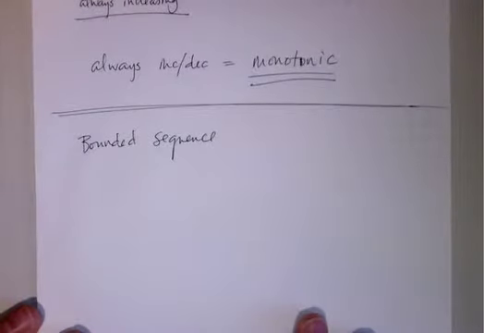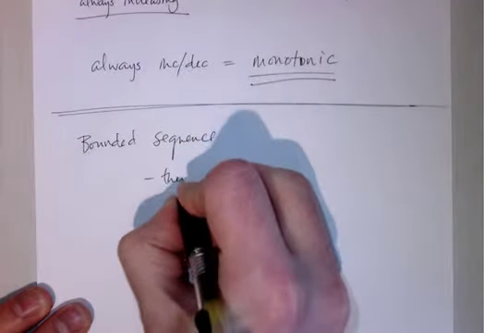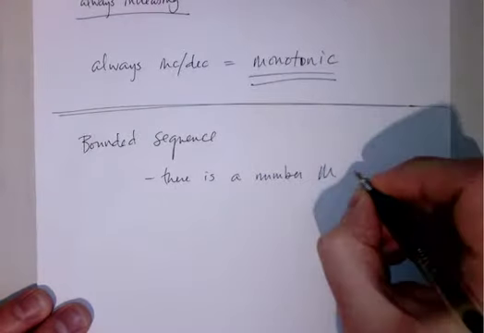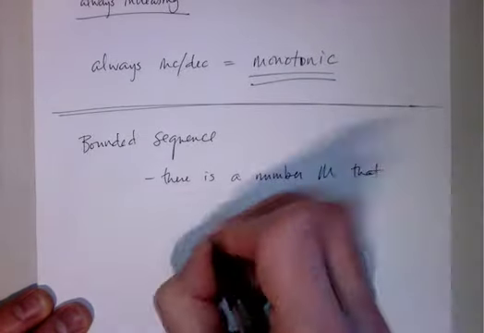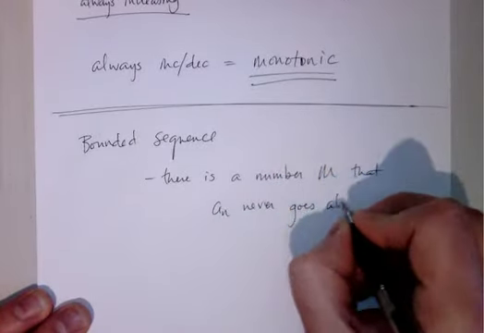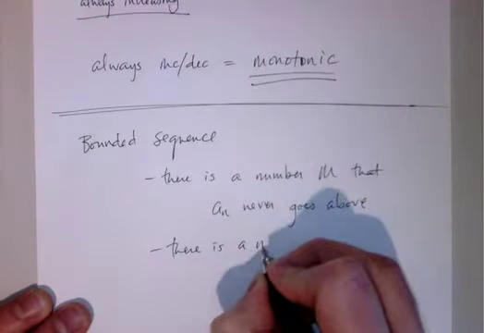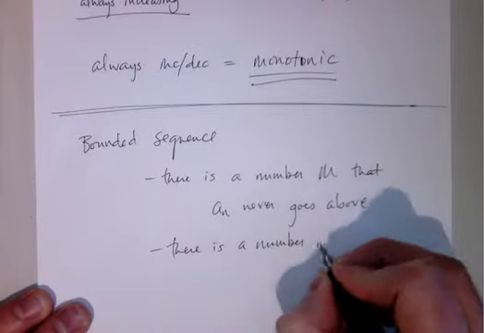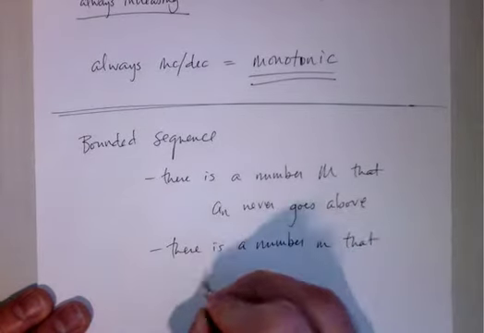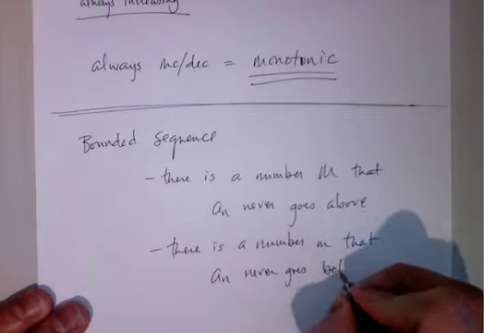Now, if you hear about a bounded sequence, that is exactly what it sounds like, okay? That basically means that there is a number M that a sub n never goes above, and there is a number, and we'll call this one small m, so big M for maximum, small m for minimum, that a sub n never goes below.